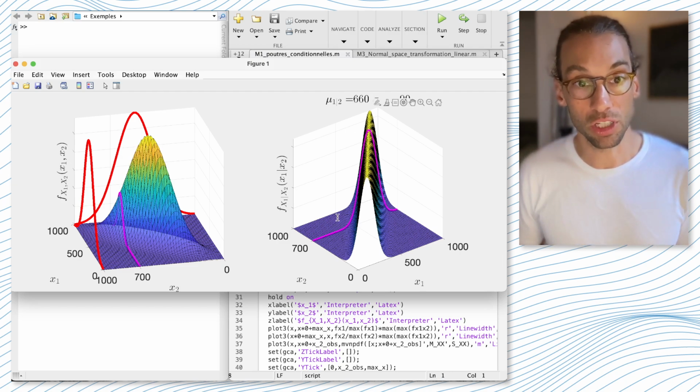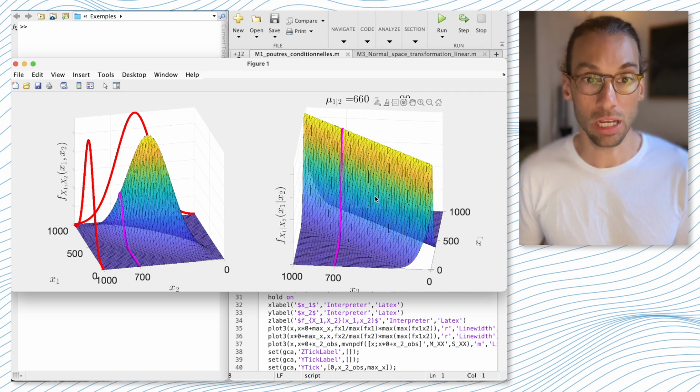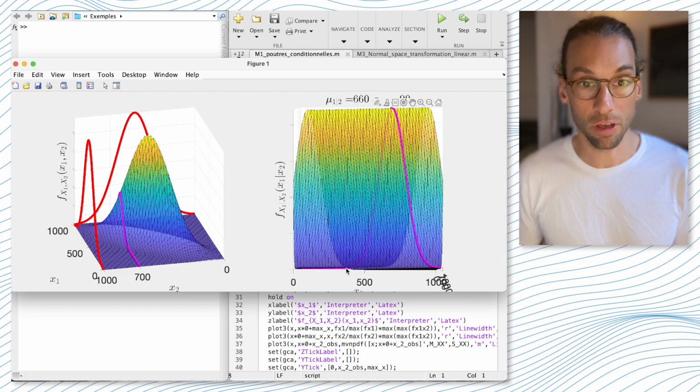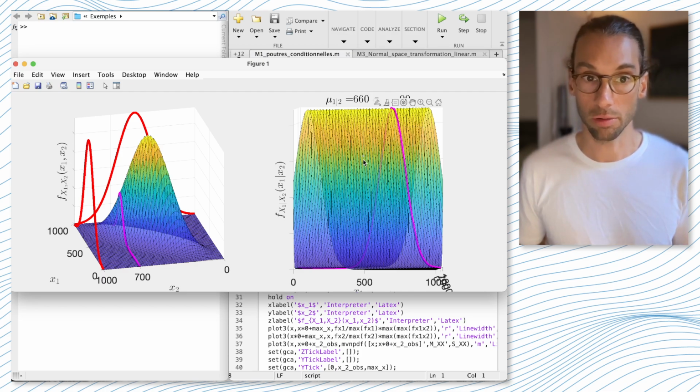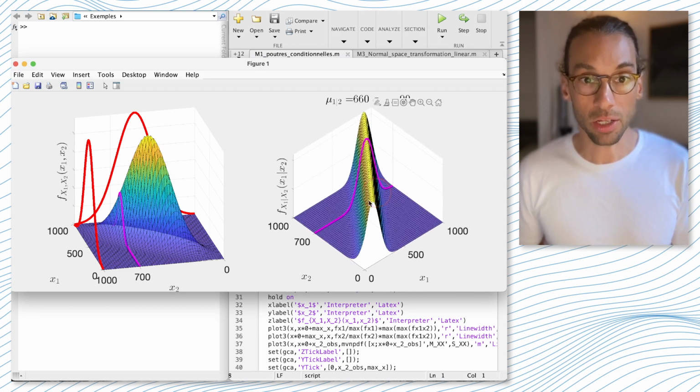So this is the result of that Gaussian conditional f of x1 given x2. In that case, we can see that when we're at x2 equals 700, this represents the marginal PDF for my resulting knowledge of x1, given that I've observed x2 equal 700. Okay, and you can see that it looks like a ridge like this, because if I change the value of x2 I'm observing, it's going to change my posterior expected value of x1.